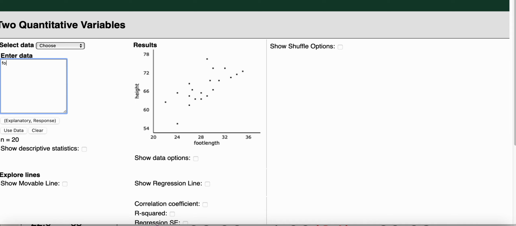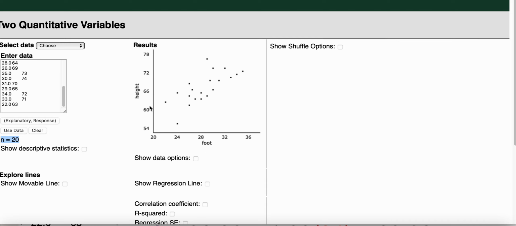This is going to be foot length and height. And now I can paste my data in here, and I'm going to use that data. Click Use Data. You want to make sure that n is equal to whatever your sample size is. I took 20 samples. It's going to plot my data here.